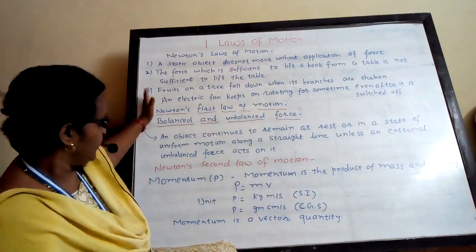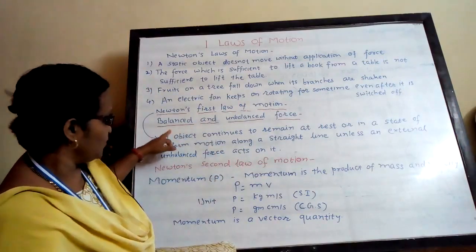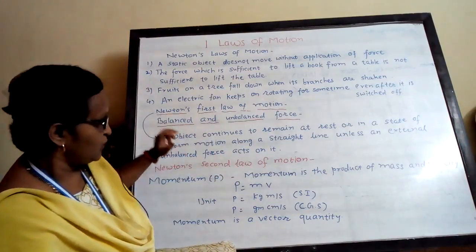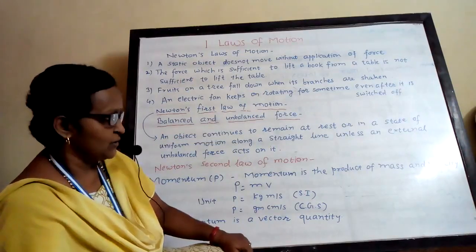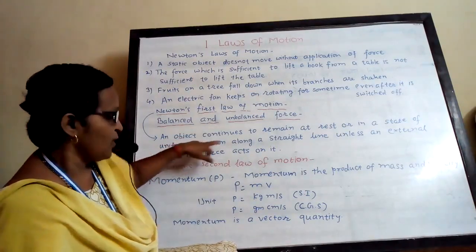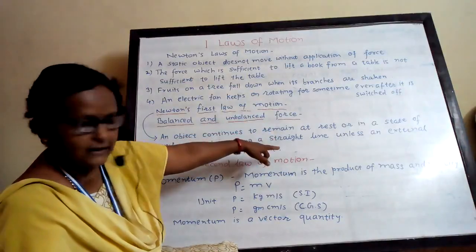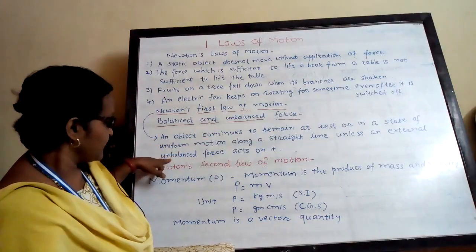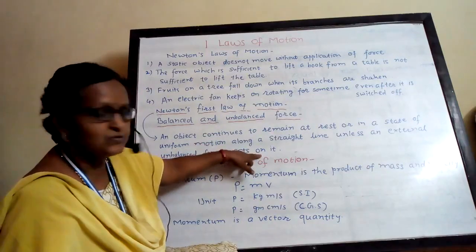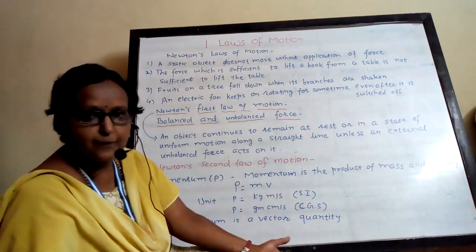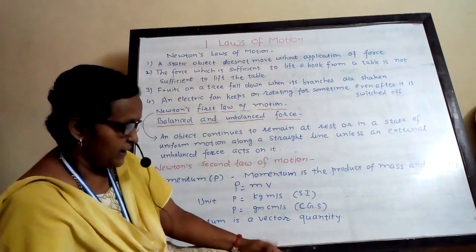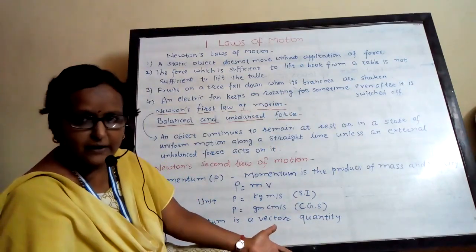That is here in Newton's first law of motion. This is the first law of motion. An object continues to remain at rest or in a state of uniform motion along a straight line unless an external unbalanced force acts on it. I have told you the example of the rope and the example of the duster.